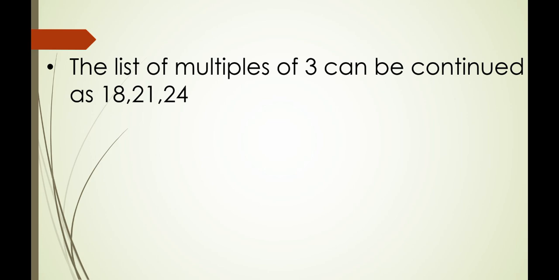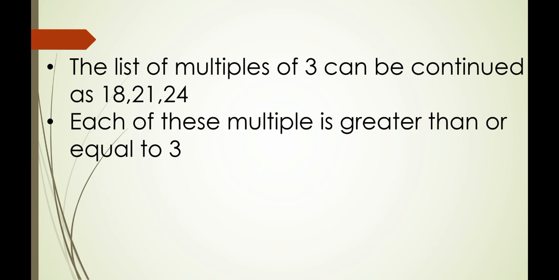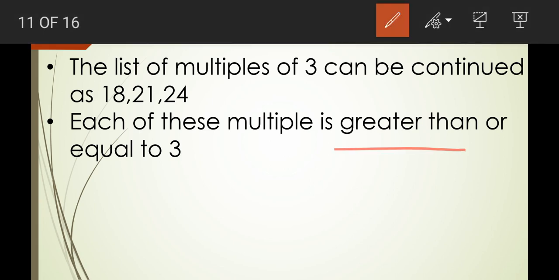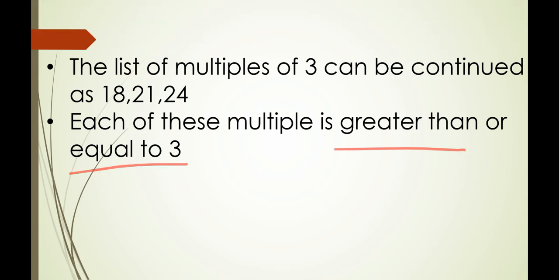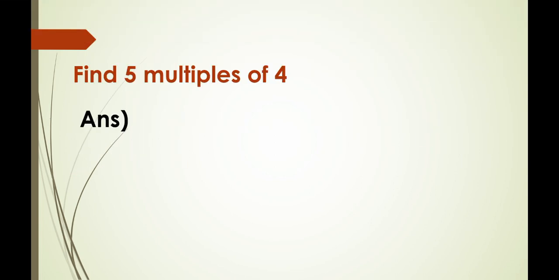Each of these multiples is greater than or equal to 3. In the factor case, what did we say? Each of the factors is less than or equal to the number. But in multiples, it is greater than or equal to 3. Understood?